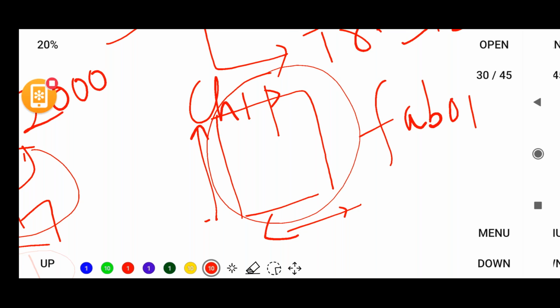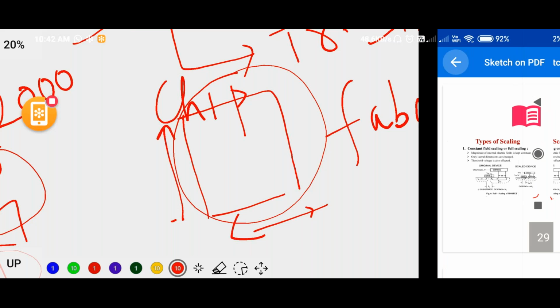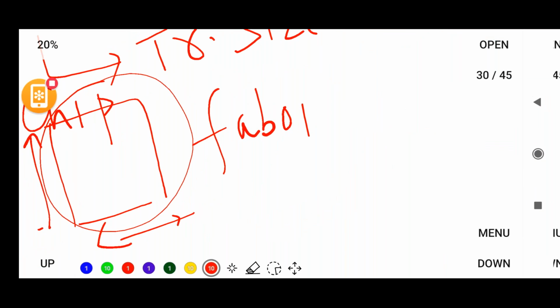So that is a way. You just remember this one: if the area is fixed, then you have to use this technique, that is the scaling technique, and accordingly high density chip fabrication is possible. So that is the concept, or the motivation, of the scaling technique. Here the fabrication is very important.